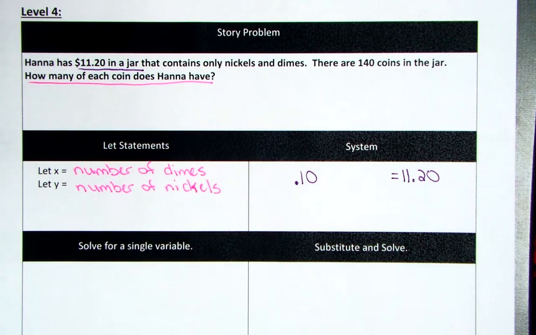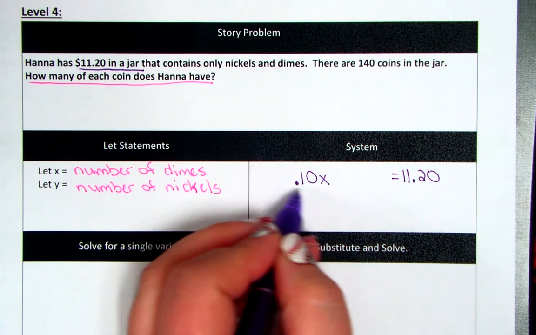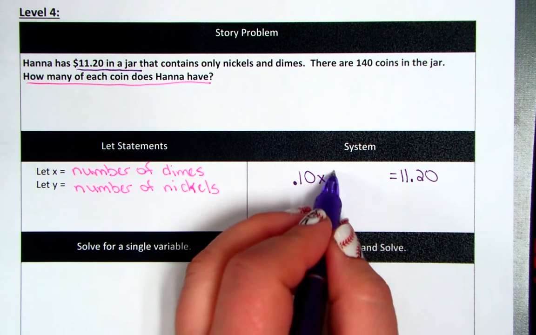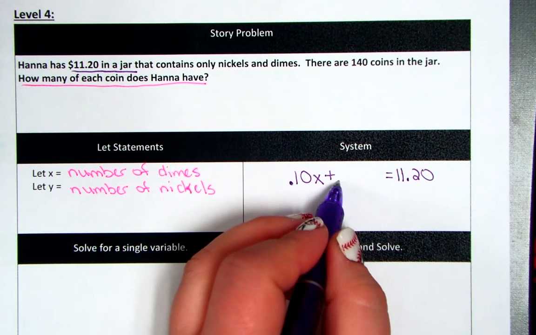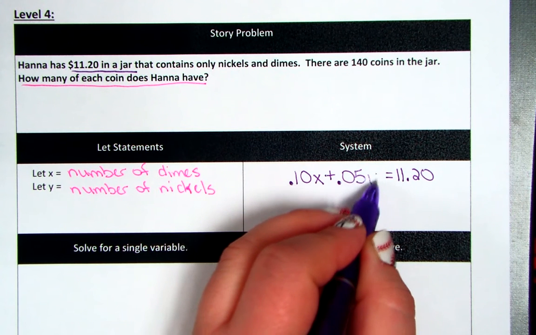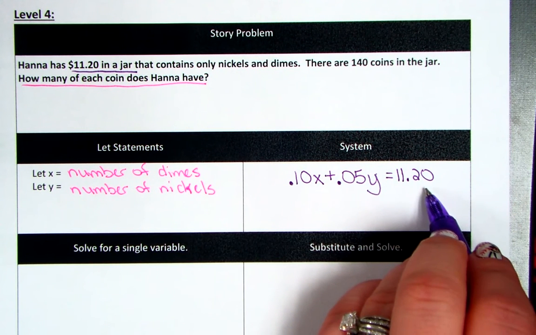So it's 0.10 times the number of dimes, which would tell us how much money in dimes we have. And if we add to that the 5 cents that a nickel is, times the number of nickels that we have, we would get the total amount of money in the jar.